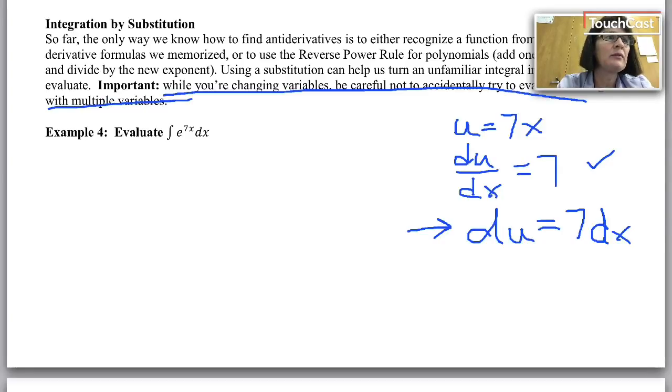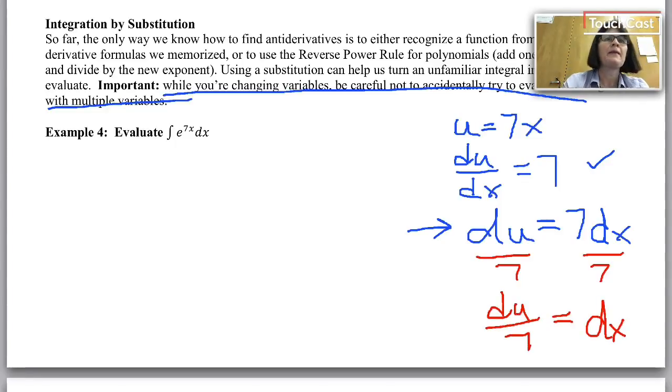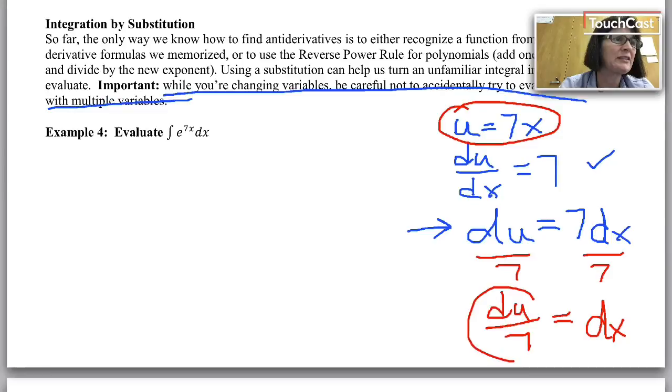Well, that can happen if I divide both sides by 7, and I'm going to get du over 7 equals dx. So here's sort of like a toolbox that I have. Everywhere I see 7x in my original problem, I'm going to replace it with u. Everywhere I see dx, I'm going to replace it with du divided by 7.